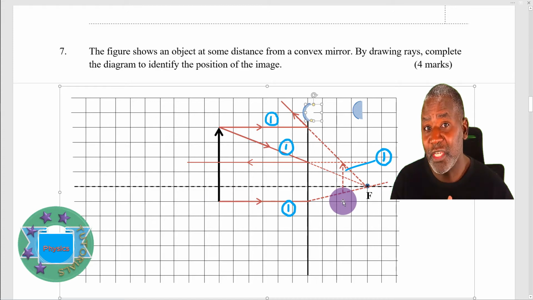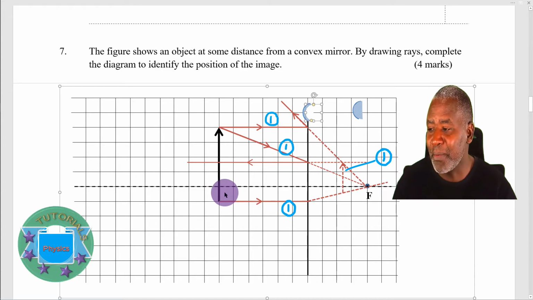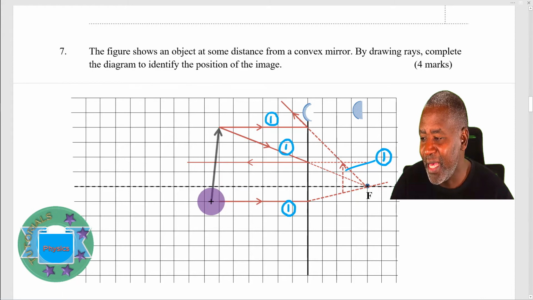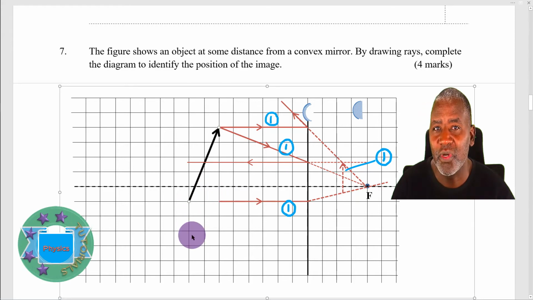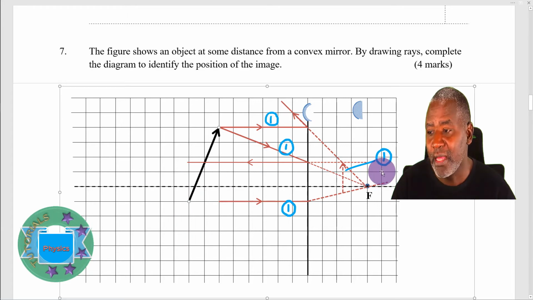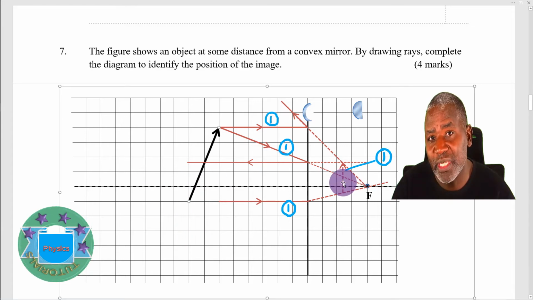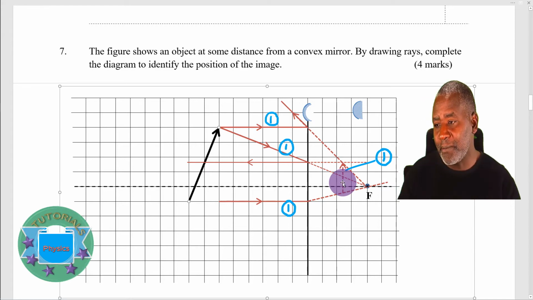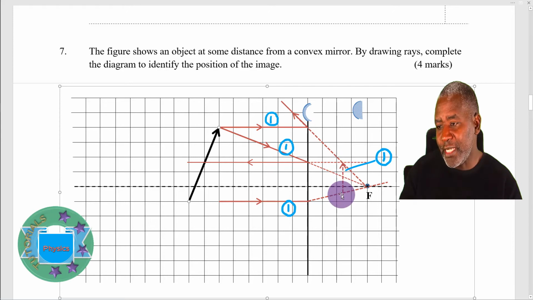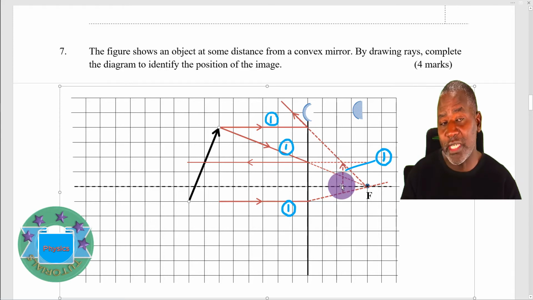That now brings me to another question. Suppose this examiner had made the object to be a little bit slant like that. What would happen? The object is slant. The image is also going to be slant. And before I go very far, notice that the image that we have identified here is dotted.